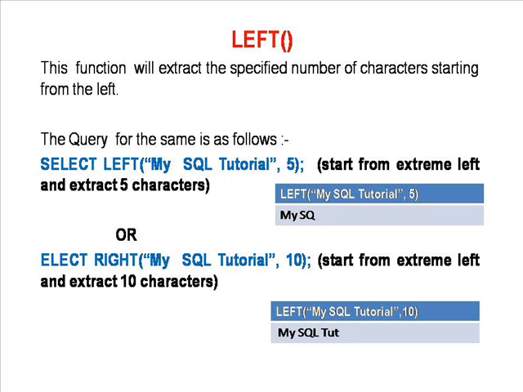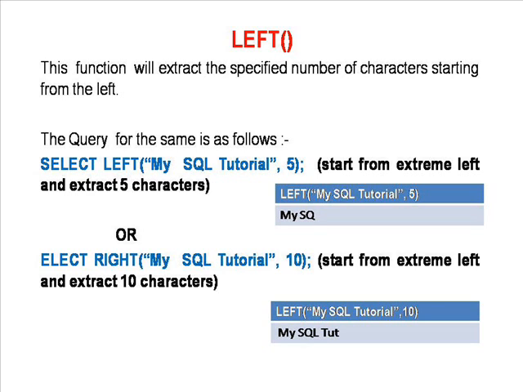Left function. This function is exactly opposite to the right function and will extract the specified number of characters starting from the left. See for example the statement given on the screen. Select left MySQL tutorial and the number of characters after the comma.